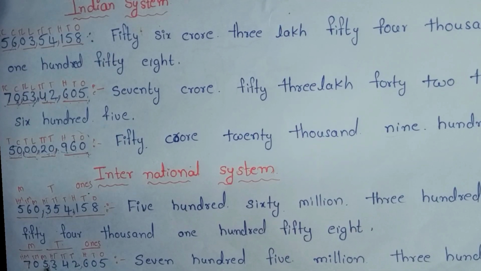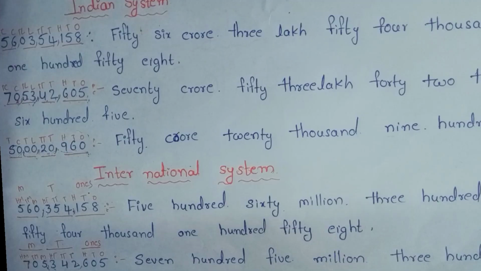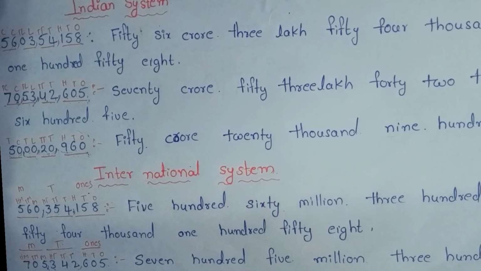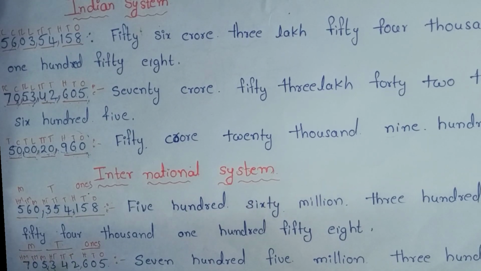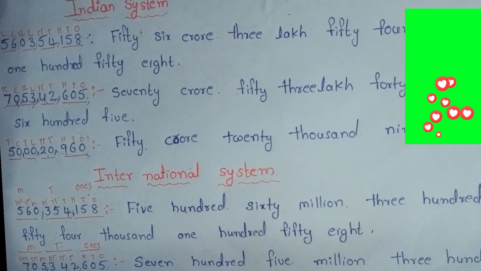Here million, 10 million, 100 million. These three digits are the million period. 705 million 342,605. Once again, 705 million 342,605. That is the number name of this number.